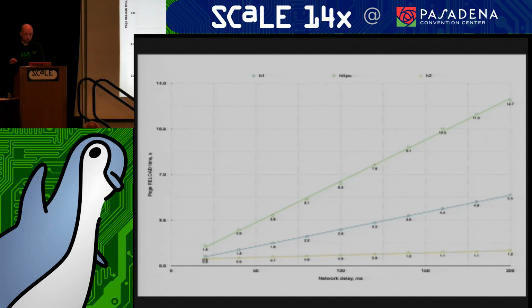So we can see that at a 200 millisecond delay, our page loads for more than 12 seconds on average. And if our delay is around 20 milliseconds, we're somewhere at 1 or 2 second page load time.